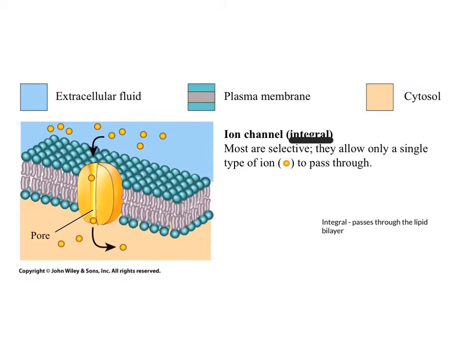And then another term that you're going to come into contact with are peripheral proteins. So there's a difference between peripheral proteins and integral proteins. The peripheral proteins, just like they sound, are attached to the periphery. So you're going to see those attached either to the inner or the outer surface of the membrane.